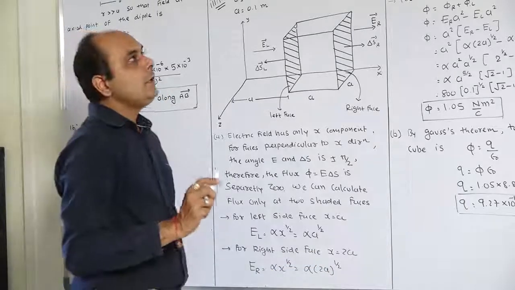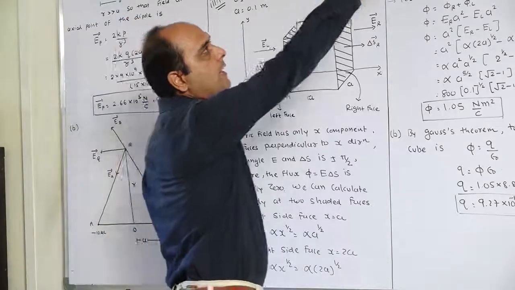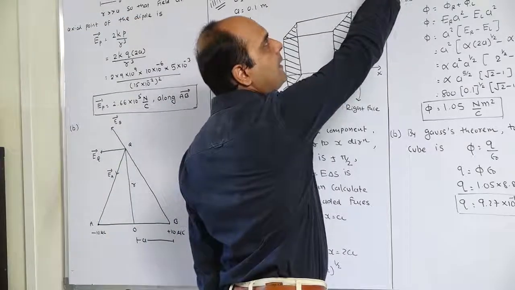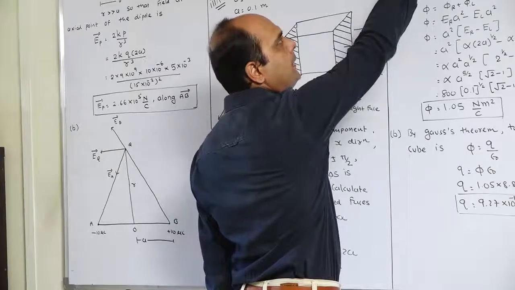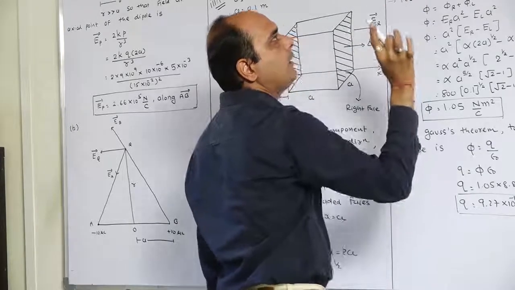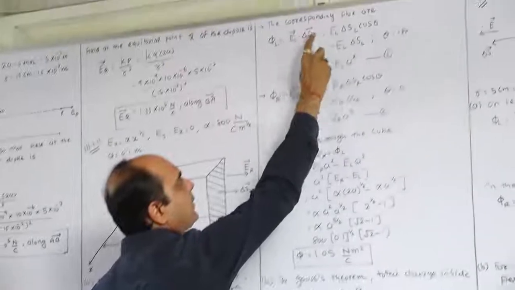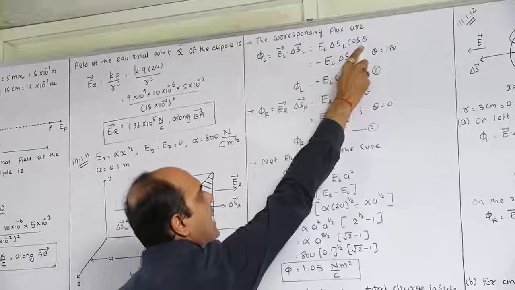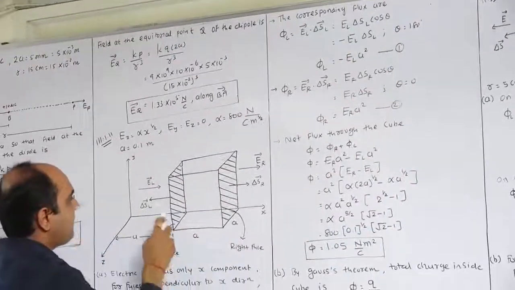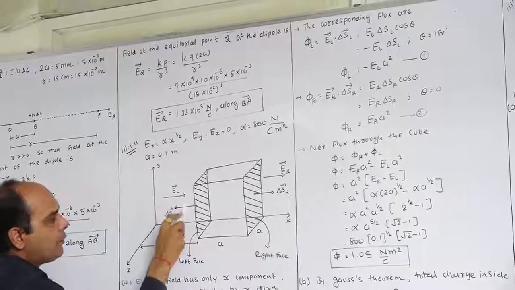Okay? Now the corresponding flux for the left hand side face, phi_L is equal to vector E_L dot vector delta S_L. So students, write down the expansion: E_L delta S_L cos theta. Now observe this diagram. E_L and delta S_L are in opposite directions.